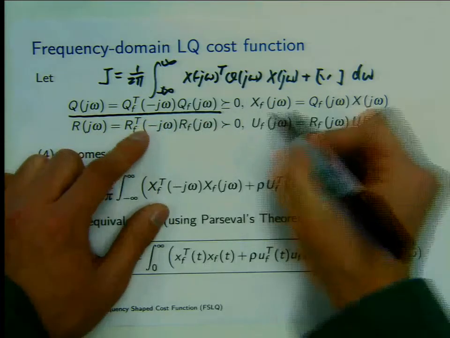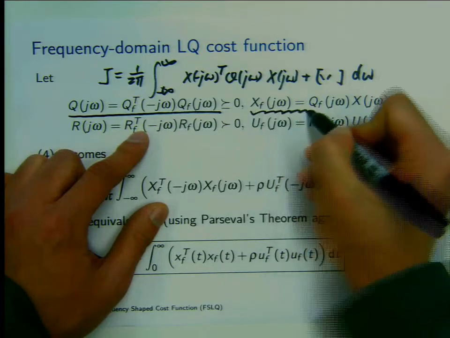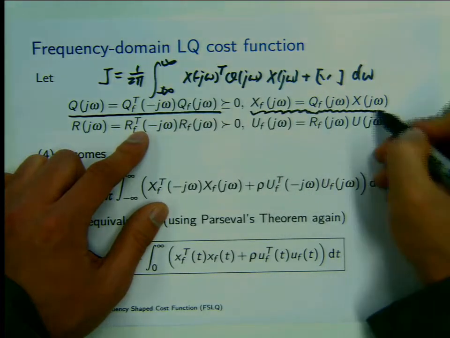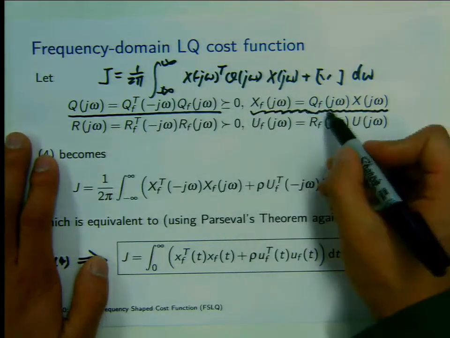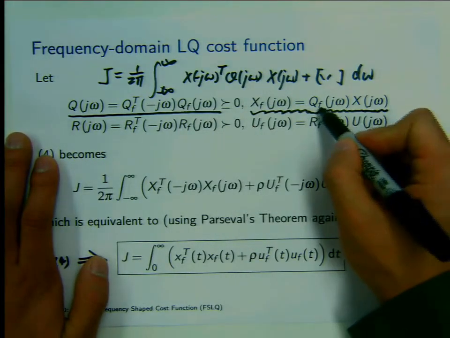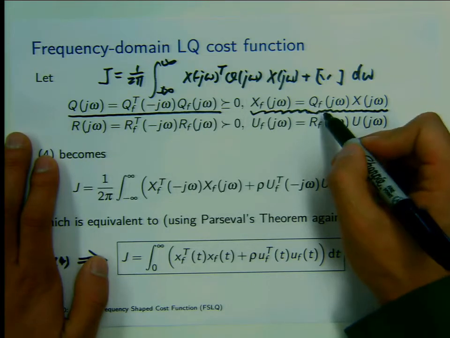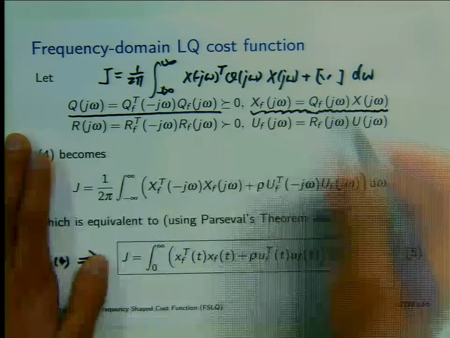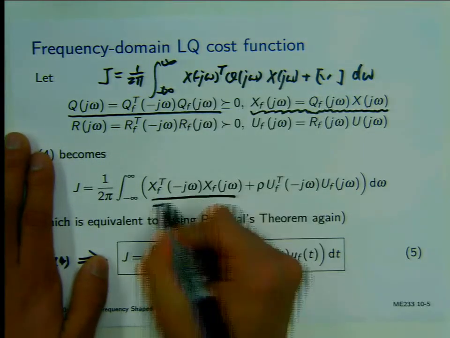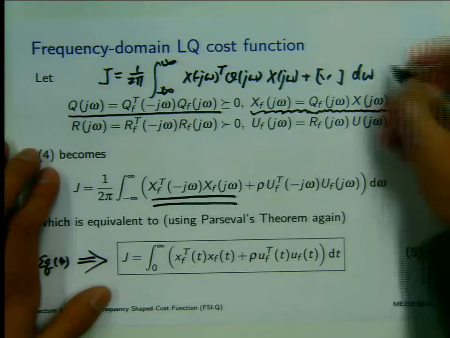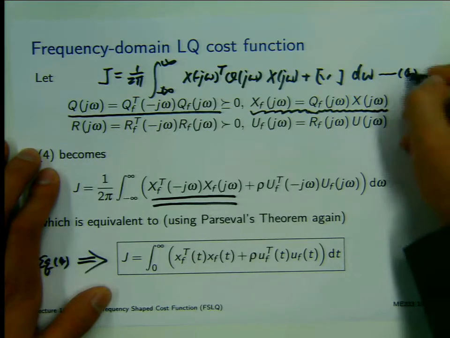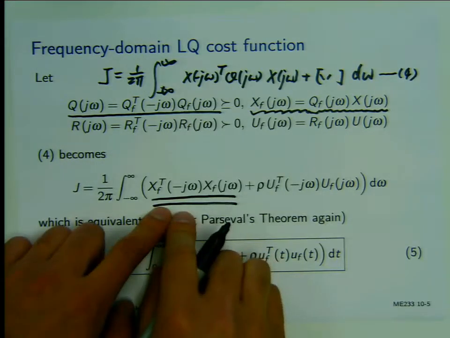So in this way, we can define a new frequency domain signal, Xf, which is X passed through this filter Qf. Okay? In this way, we can get this guy. We can translate from this equation 4 to this new function here.